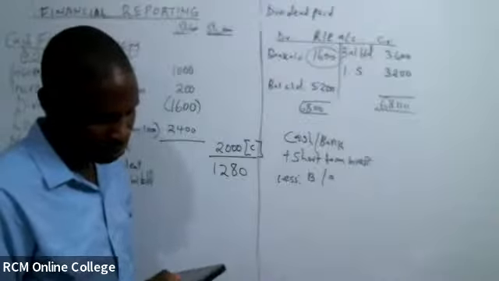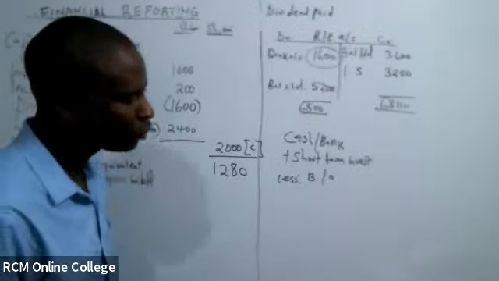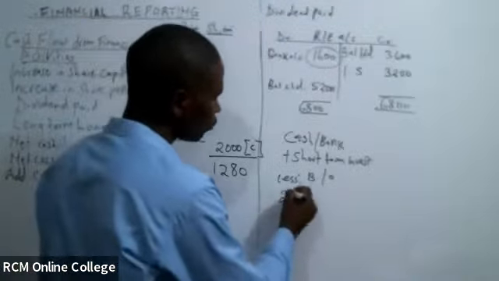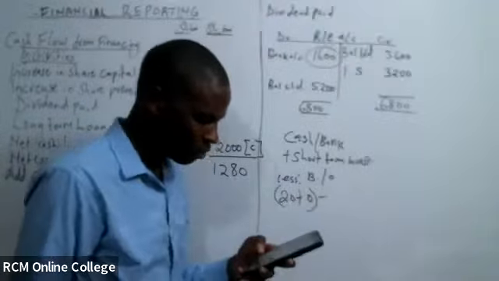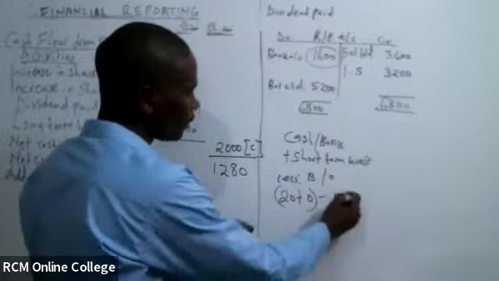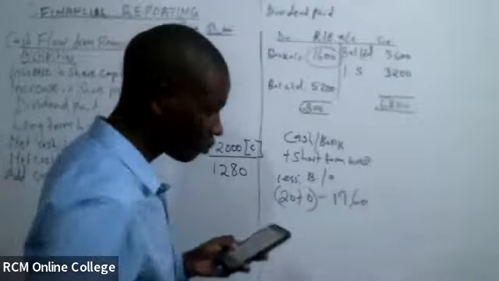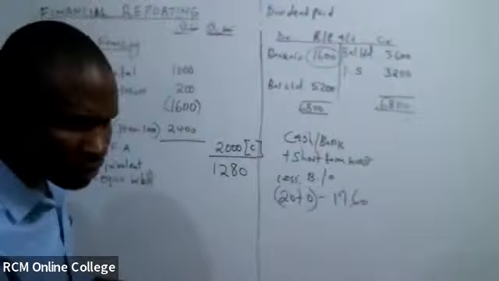Cash in hand we had 20. Short term investment we had zero. So 20 plus zero, minus bank overdraft if there is any. How much is our bank overdraft? 1960. So it will be like that. Here 1280.